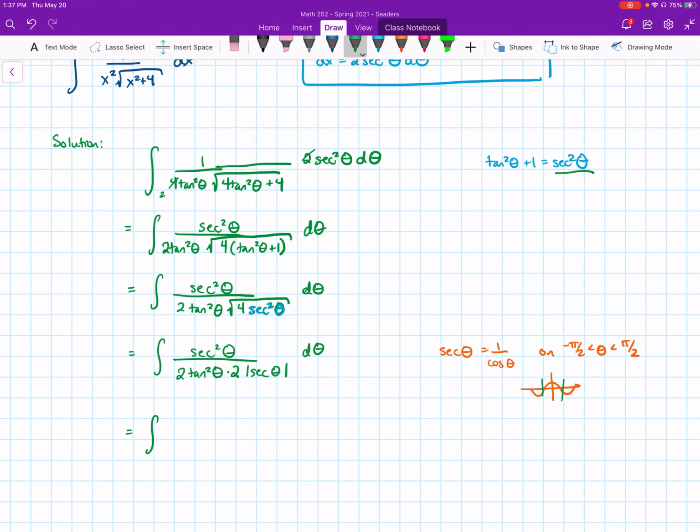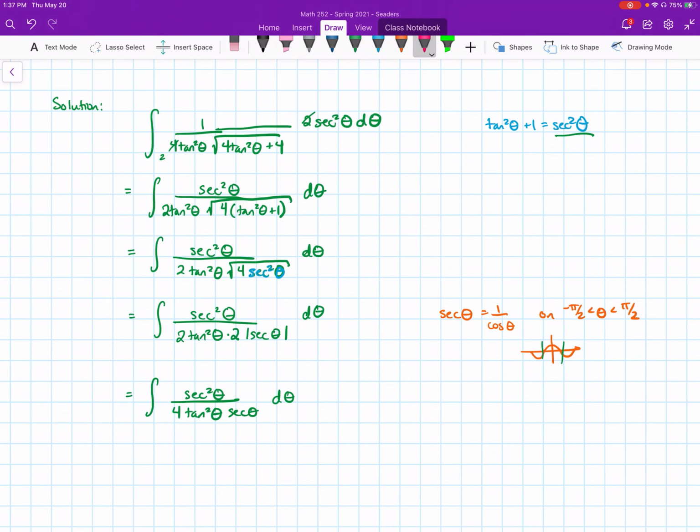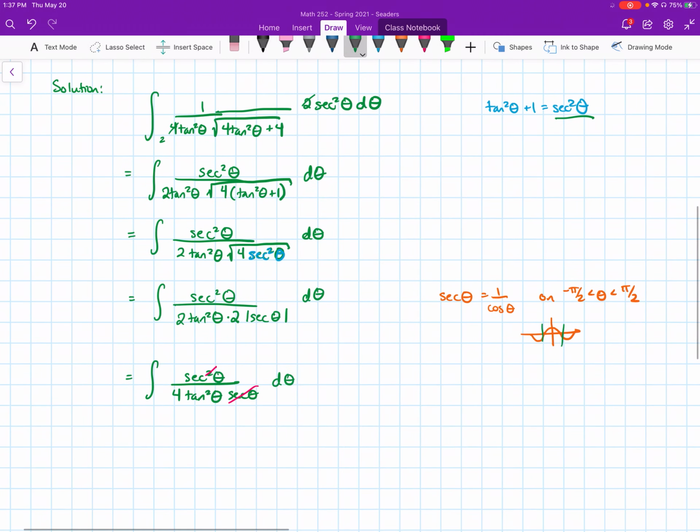So I get the integral of secant squared theta over 4 tangent squared theta secant theta d theta. Now, of course, I can cancel a secant theta from the top and bottom. So I get the integral of secant theta over 4 tangent squared theta d theta.